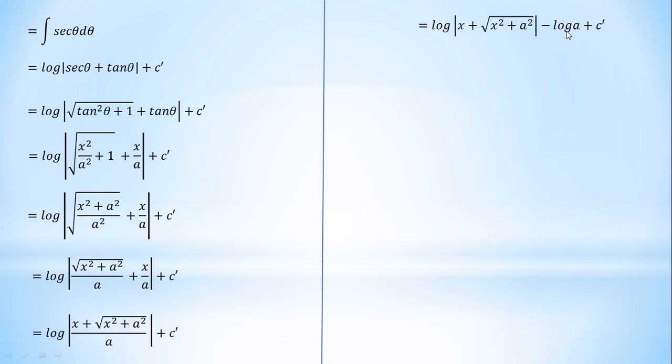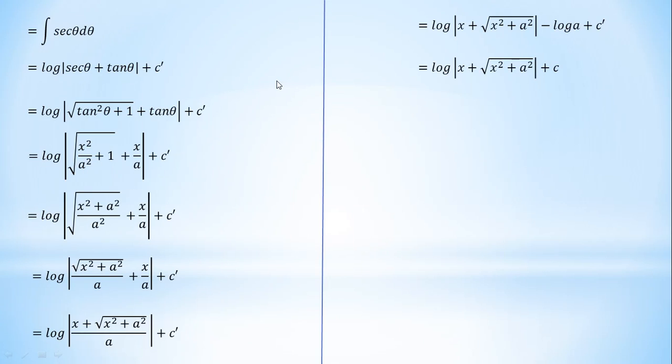Now minus log a is an indefinite constant term, and c dash is also an indefinite constant, so we can write it as constant c. So that's why the constant c dash is taken here. So we get the result as log of modulus of x plus root of x square plus a square plus constant.